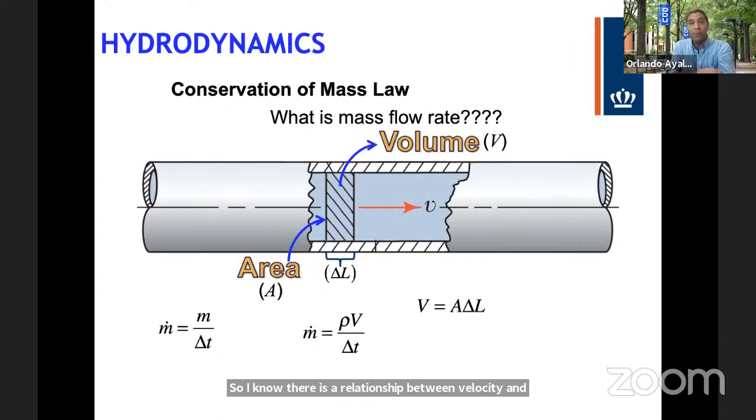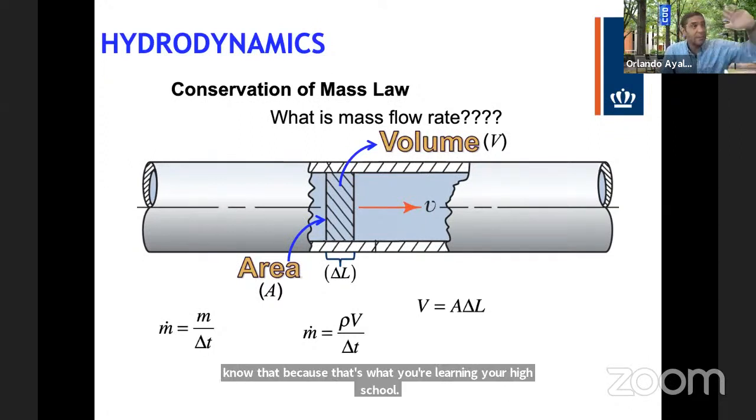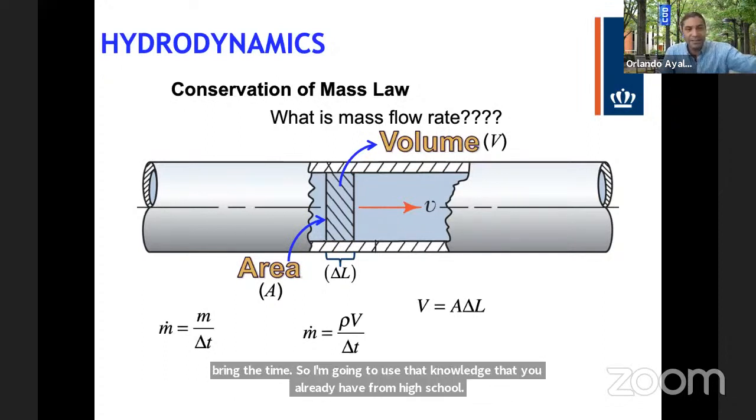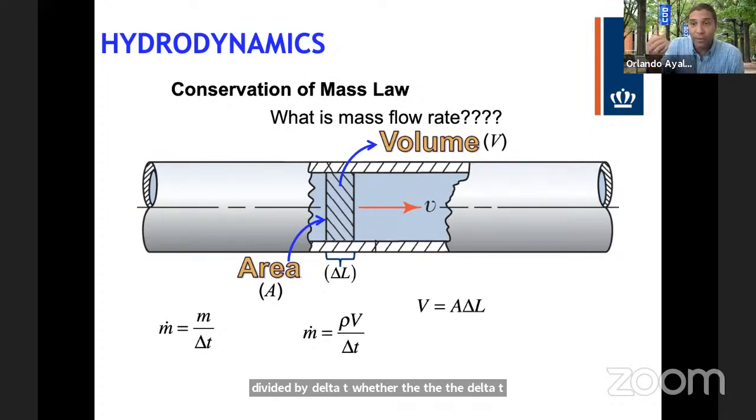And I'm pretty sure some of you already know that, because that's what you're learning in high school. The definition of velocity is distance per unit time. So I'm going to use that knowledge that you already have from high school. Velocity is distance, what distance? That delta L, divided by delta T. What delta T? The delta T of your chronometer.